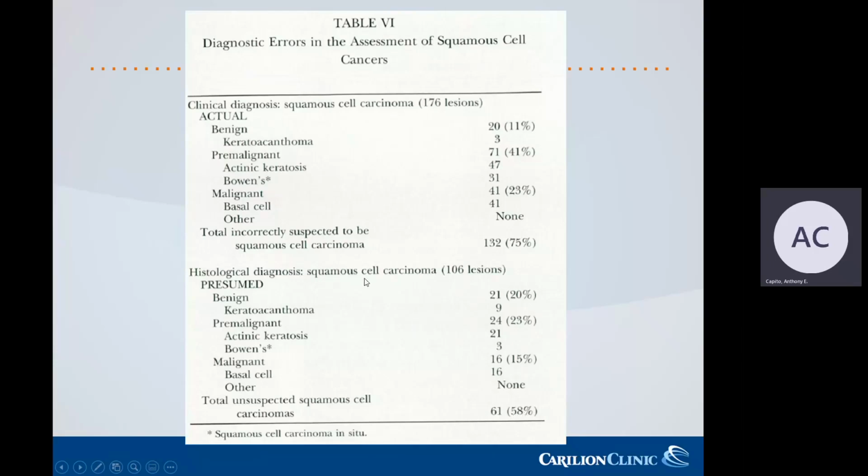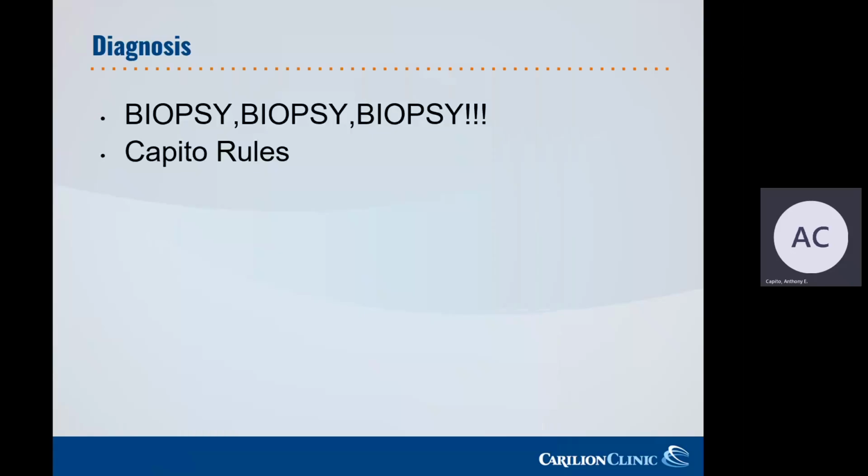So that is kind of scary. When they thought it was a keratoacanthoma, 20% of the time it was a squamous cell. When they thought it was a pre-malignancy, 23% was squamous cell. So this really just tells us that we need to biopsy these skin lesions.